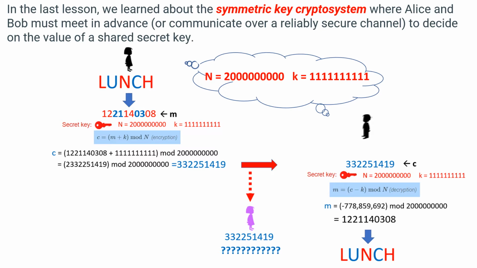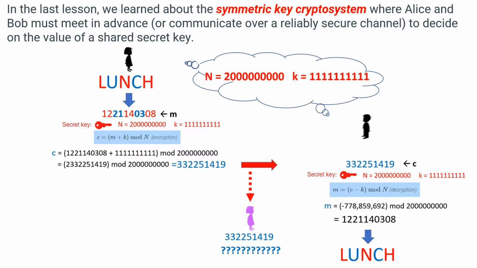Now the problem with that, as we mentioned before, is that if Eve can possibly intercept, in this example here, the 3322514119, who's to say she couldn't have intercepted the communication when they decided upon the N and the K?